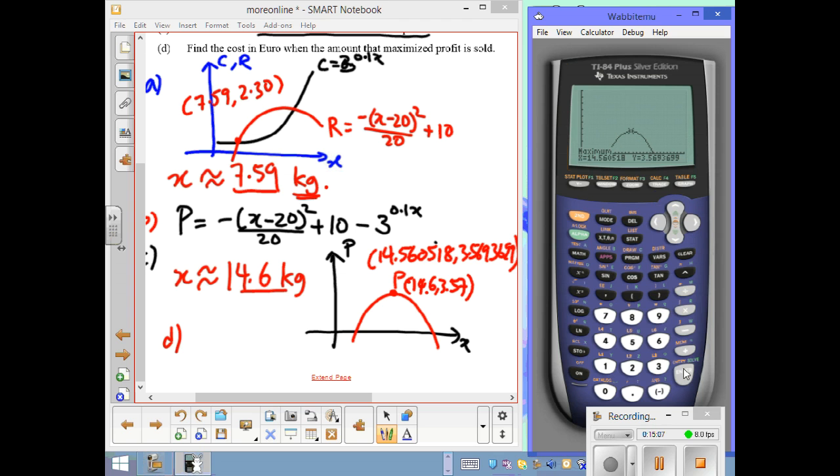For example, I want to use a more accurate value in order to find my cost, right? So this is the value, so I need to put it into the cost function. How much is that? 14.560518. How much is that roughly equal to?